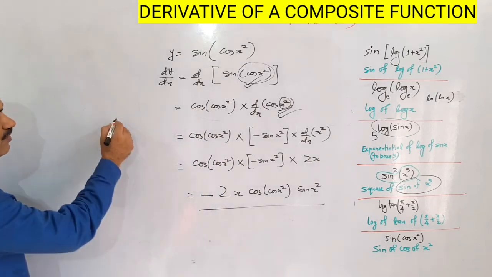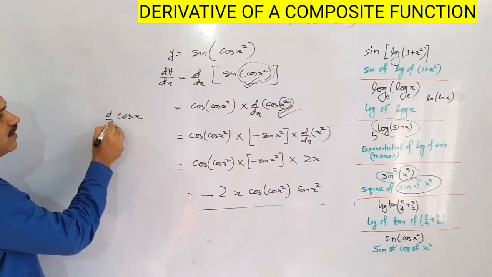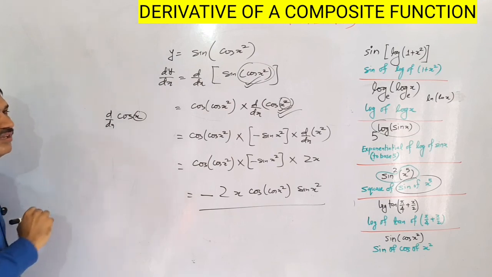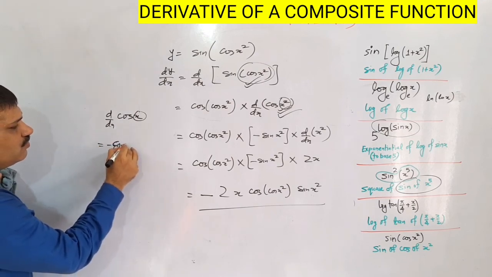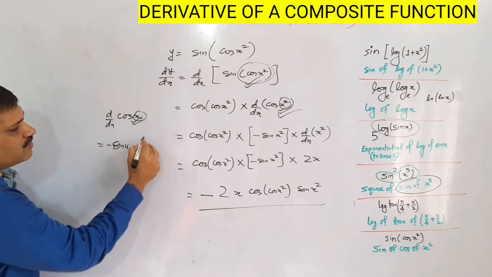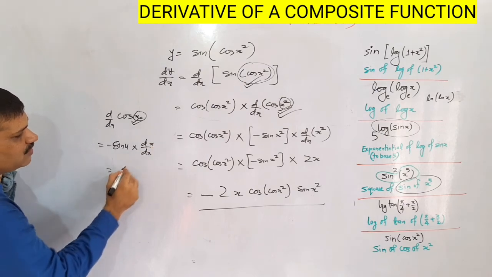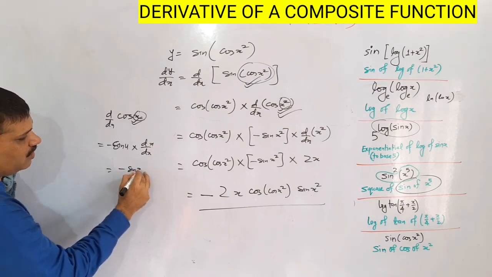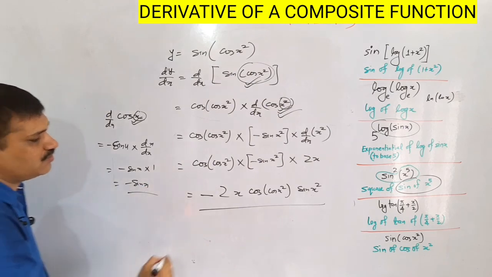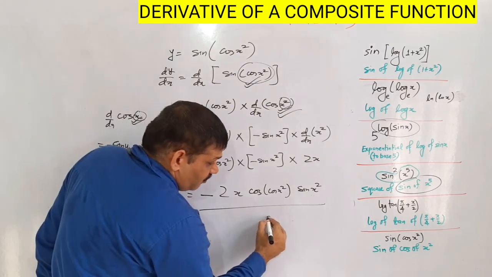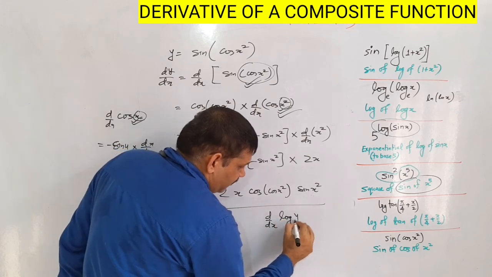Suppose you are to find the derivative of cos x with respect to x. Let's treat x as u. So the derivative of cos u is minus sine u into the derivative of that which we have treated as u, which is x, and the derivative of x with respect to x will be 1. So minus sine of x into 1 will give us minus sine x. Suppose we have d by dx of log y.